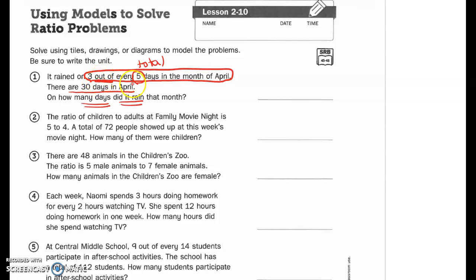If it rained 3 out of 5 days, then that means that it did not rain on 2 days. So 3 days it rained, 2 days it didn't rain, 5 is our total. So when we draw our tape diagram, we have to use the parts, not the total.